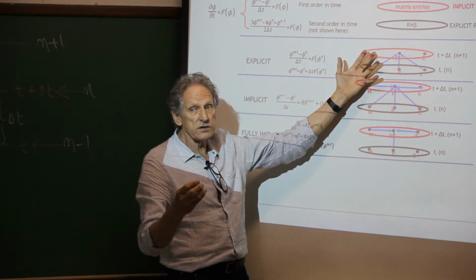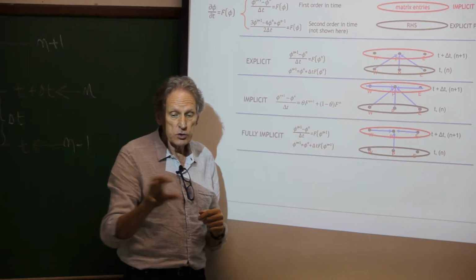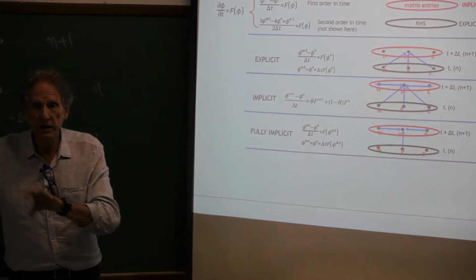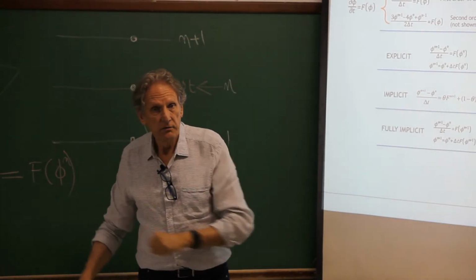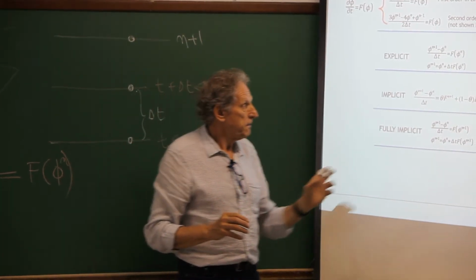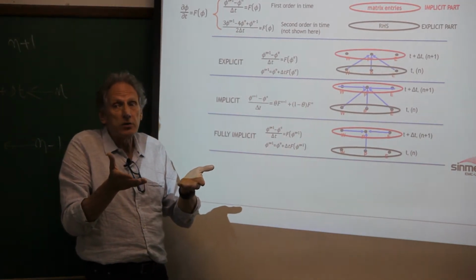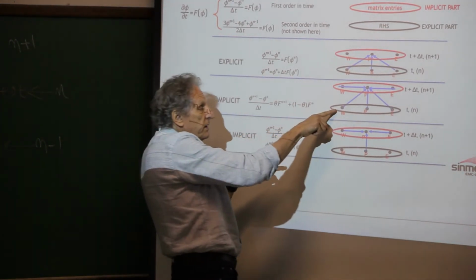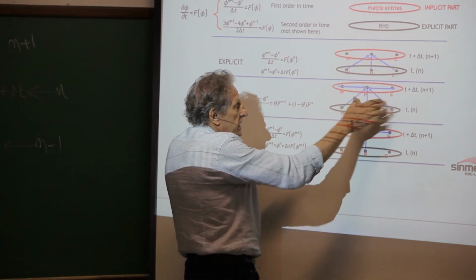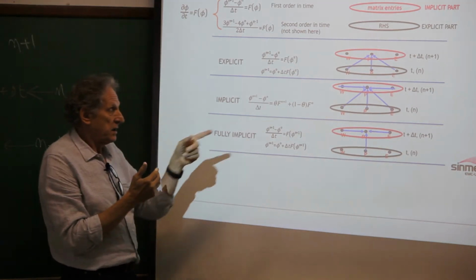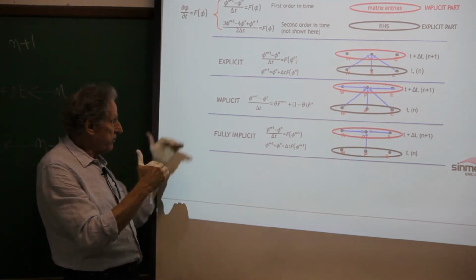Here I don't have a linear system. Here is what I said: sweeping, point by point, calculating the new phi for every grid. Here we have an implicit part already, but I still keep some explicit, which is from previous time level.